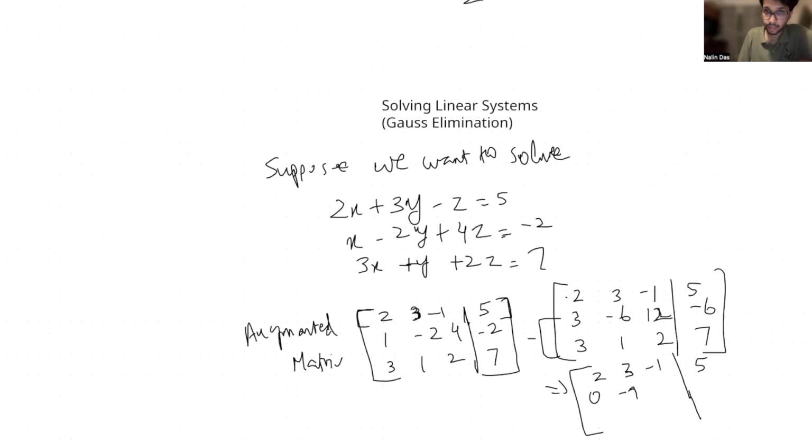Then 12 minus 2, which is 10. Then minus 6 minus 7 is minus 13, right? Then we have 3, 1, 2, and 7 here.